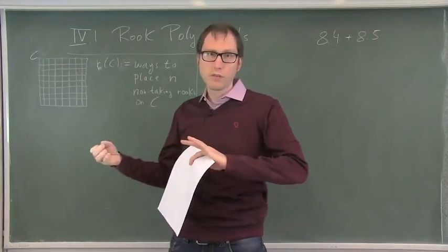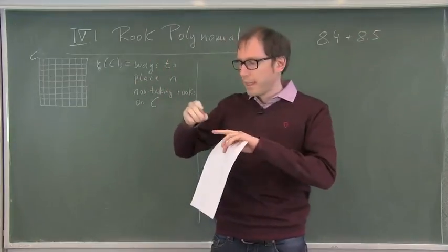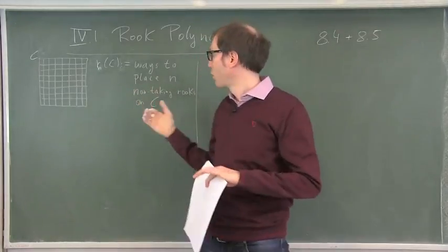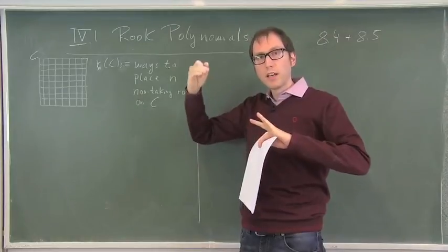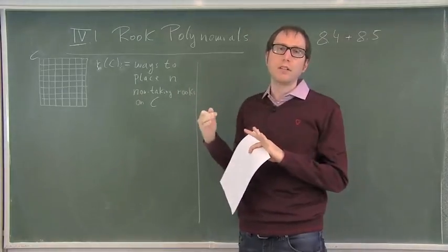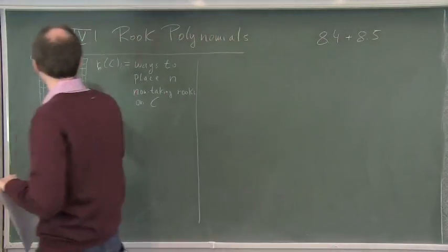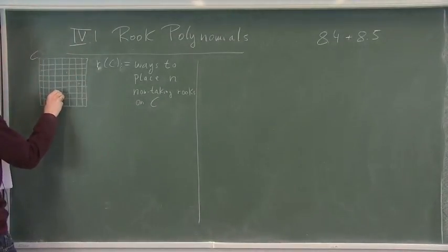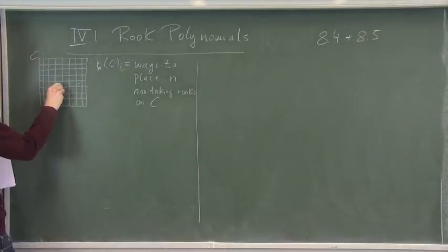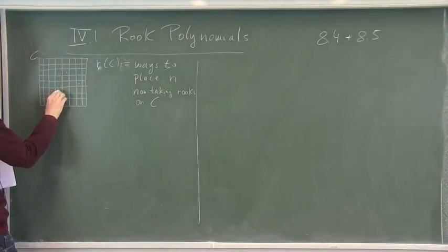If you talk about 3 non-taking rooks, it means that all these 3 rooks cannot take each other. That means, for instance, one would have a rook here, another rook here, maybe another one here, but not here, because then they could take each other.